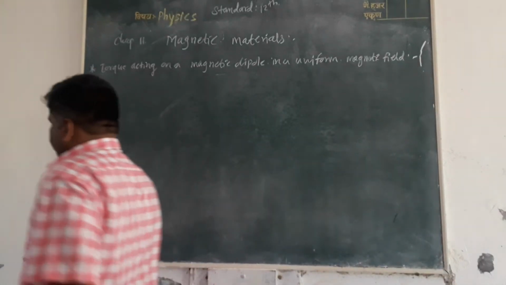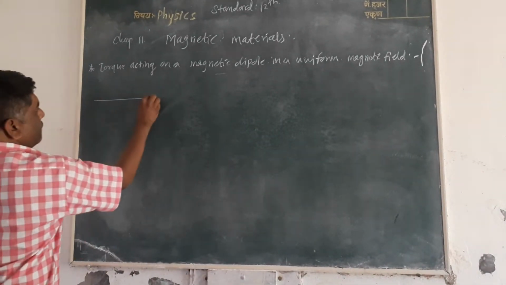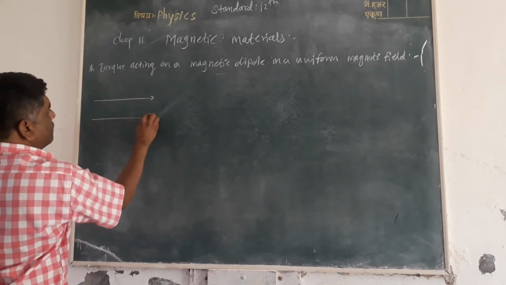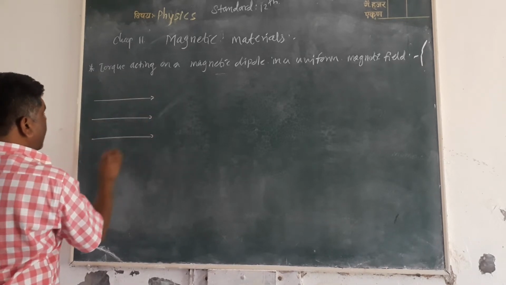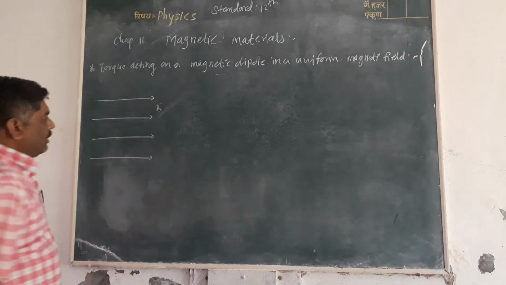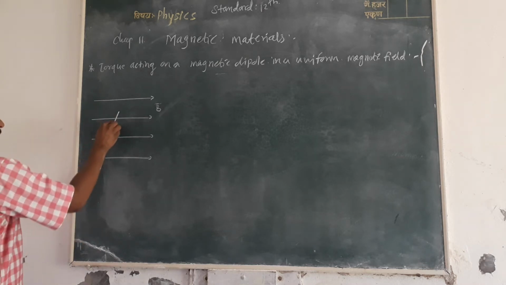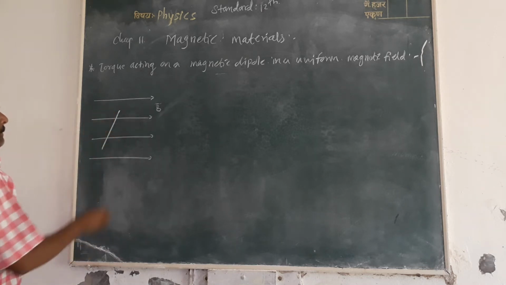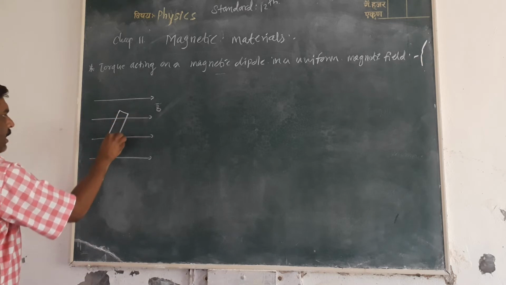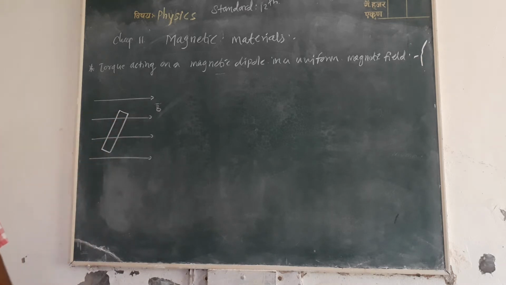Uniform magnetic field. Now we consider a uniform magnetic field, B bar. This is the uniform magnetic field, B bar, and a bar magnet is kept in this uniform magnetic field.